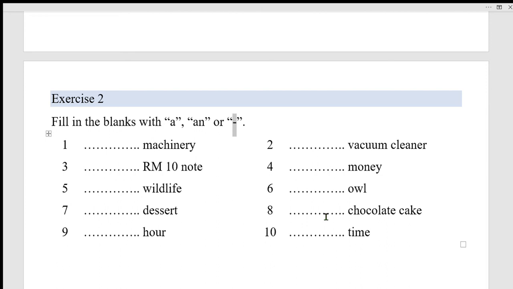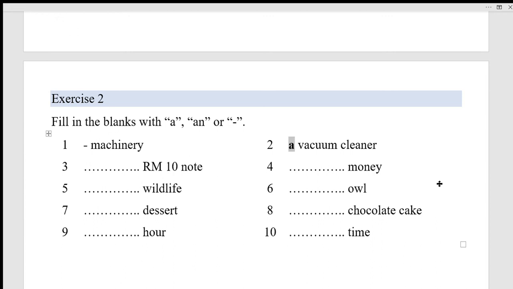So machinery is actually an umbrella term. So we cannot say a machinery, we have to say machinery. You gotta put dash in front. And then salah satu contoh machinery itu adalah vacuum cleaner. So we can say a vacuum cleaner.